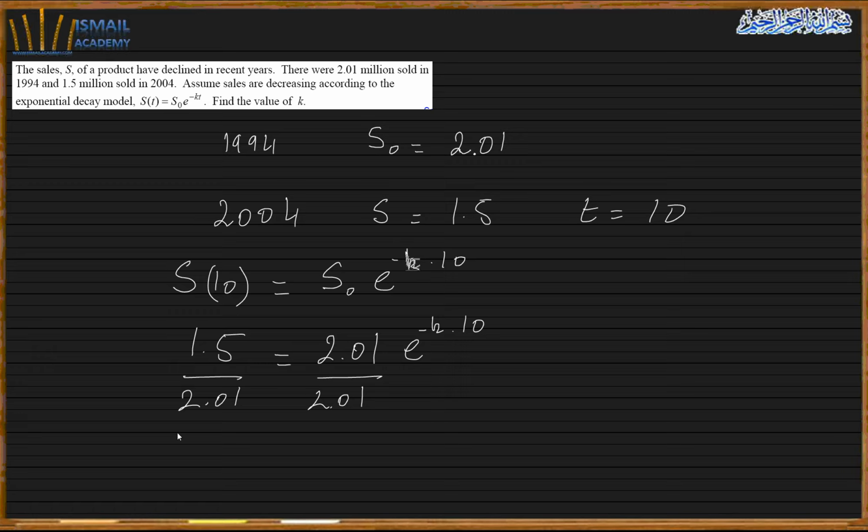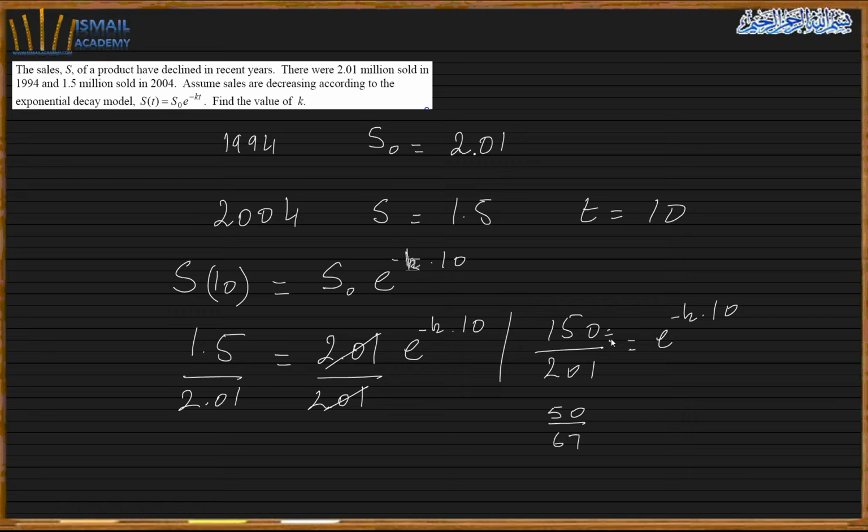Here it cancels out; I multiply by 100 and get 150 over 201 equals e to the minus k times 10. Here I can simplify by dividing by 3, so I get 50 over 67.